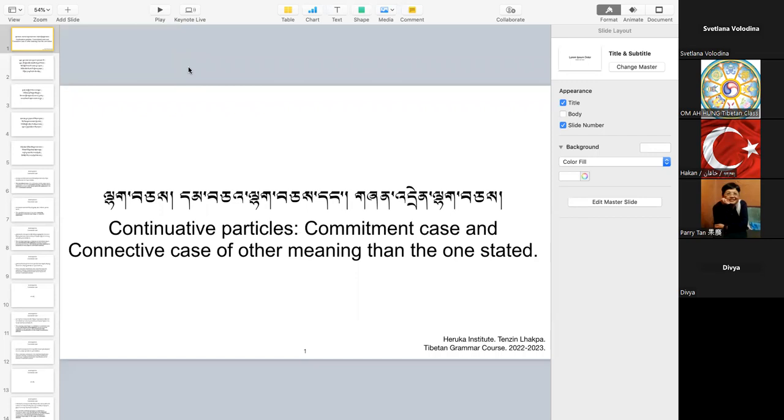So we're going to state the meaning in which the first one, the portion of a statement, is committing to provide a particular meaning, whereas in the second type, which is the continuative, which is the connective particle of other meaning than the one stated, we will understand that in that case, the very meaning is provided just as a meaning other than the one stated.